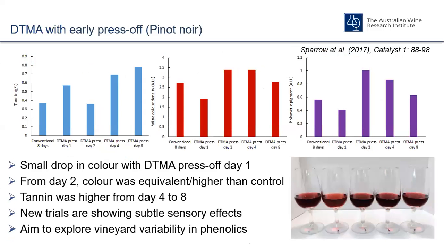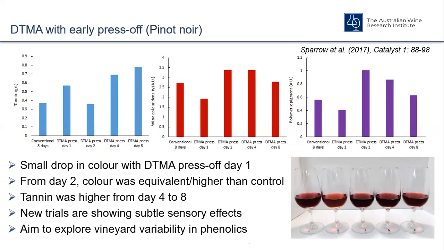So moving on from there, really the goal of using DTMA is to look at pressing off earlier. So another trial which Angela looked at conventional maceration on skins for 8 days, and then applying DTMA and then pressing off on a number of different days, running up to the full 8-day press off.